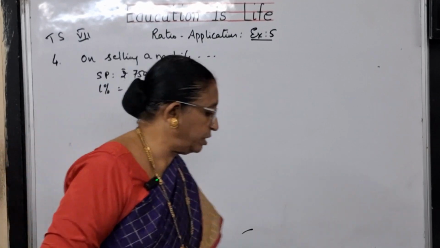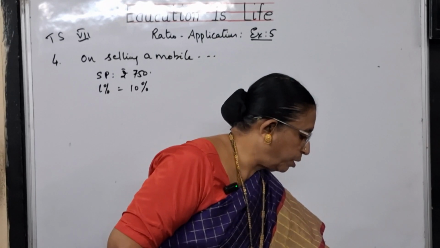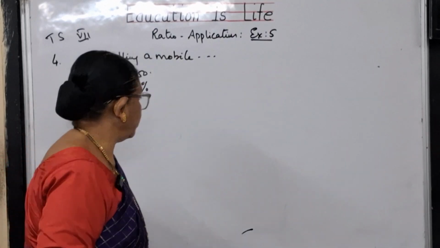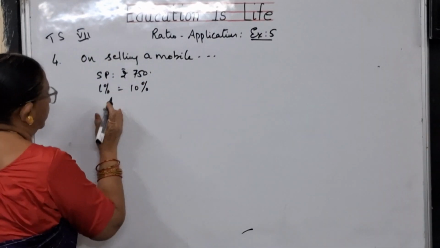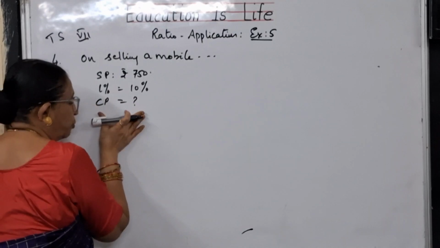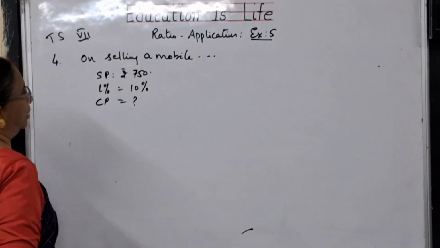The question is asking for the selling price. So first let us find out the cost price, because after finding the cost price, by taking the gain given in the problem, you can go for the selling price.